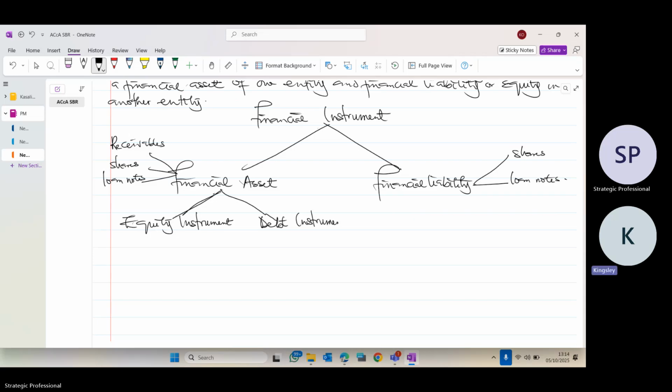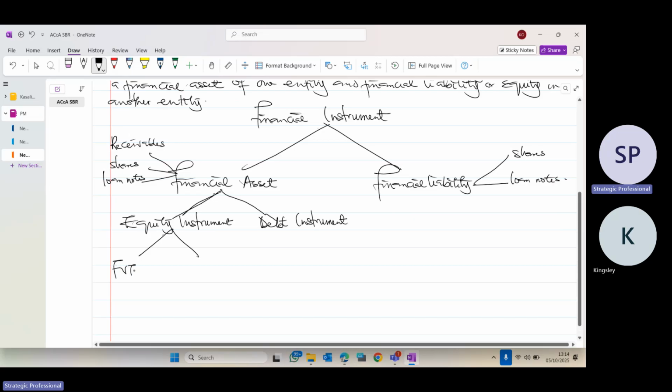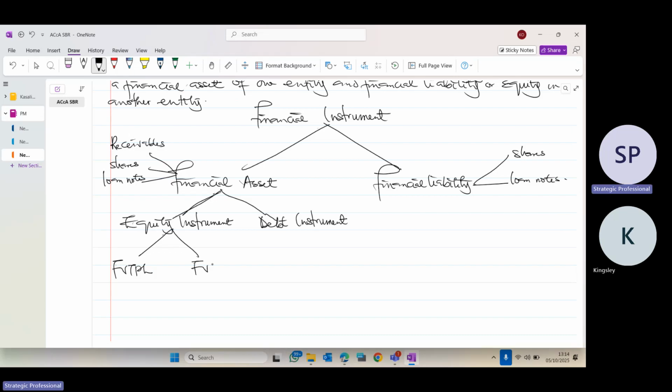Yes, I can. So if it is an equity instrument, then we are going to measure either through fair value through P or L, or fair value through OCI.